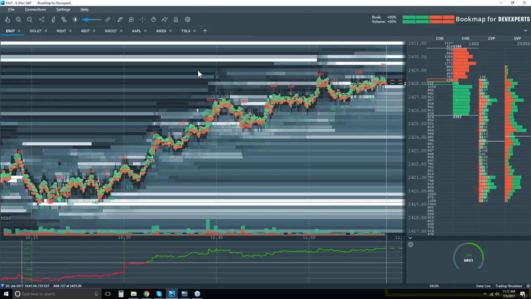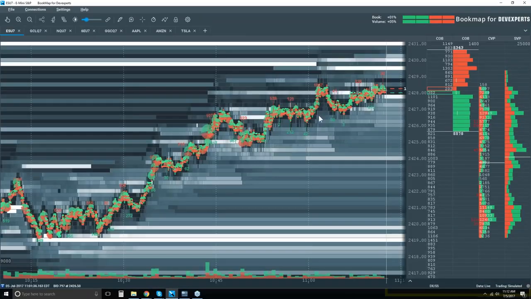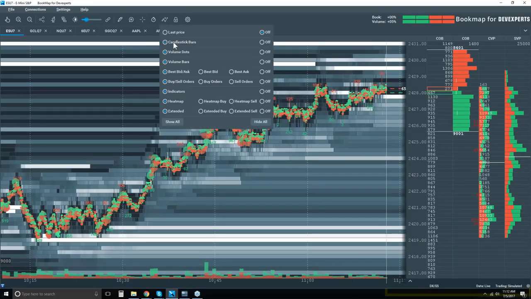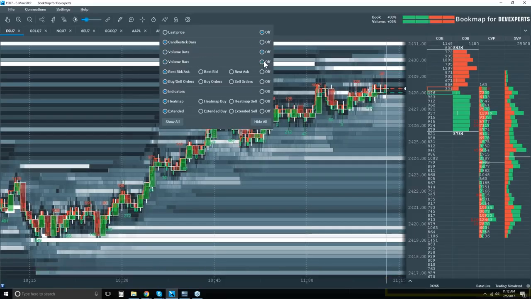Okay, so here's Bookmap. We're looking at the S&P E-mini. I'll start off here, and we'll just work backwards very, very simply. I'm going to take off all of the data here, so that we have something very simple and straightforward to look at.